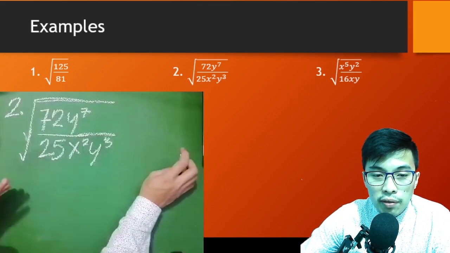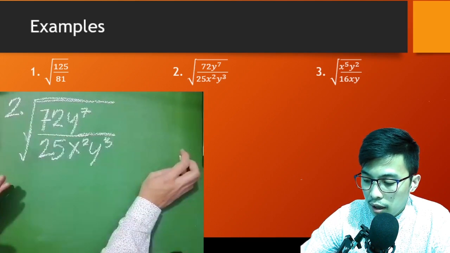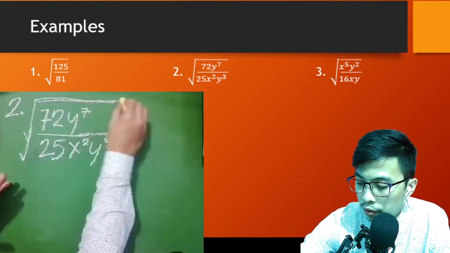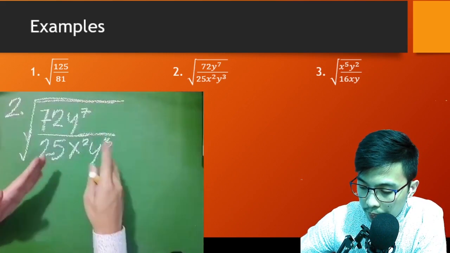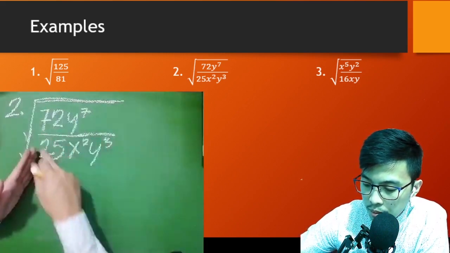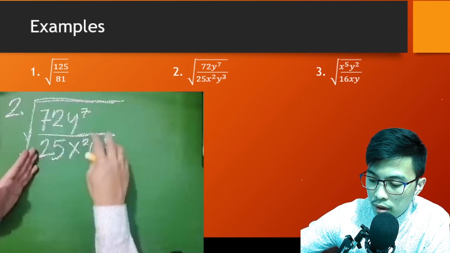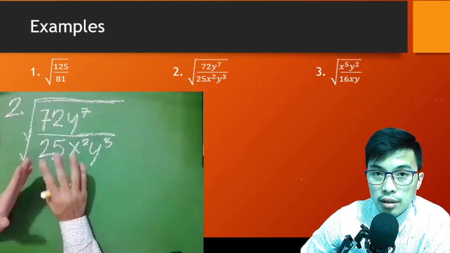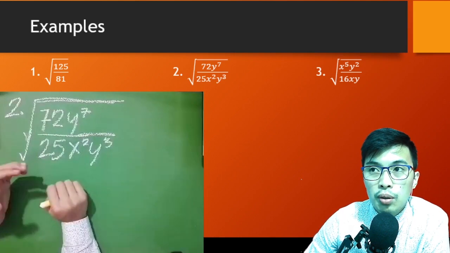Okay, to simplify this, before we break them down, as I have said kanina, we make sure first that the term inside the radical is simplified. Laging yun yung principle dun.